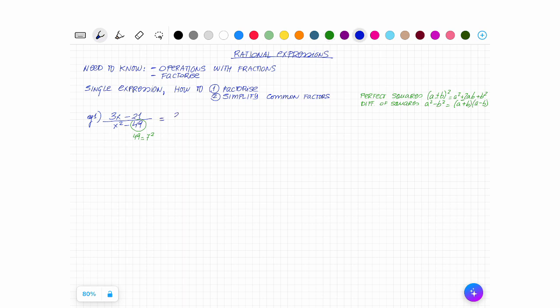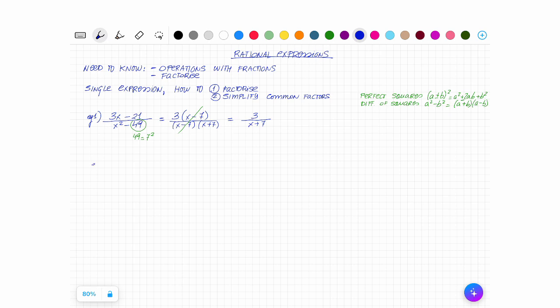I'm going to factorize the numerator, 3x minus 7, and my denominator, (x minus 7)(x plus 7). I've got a common factor here, so it cancels, and whatever I'm left with, it's my simplified rational expression.